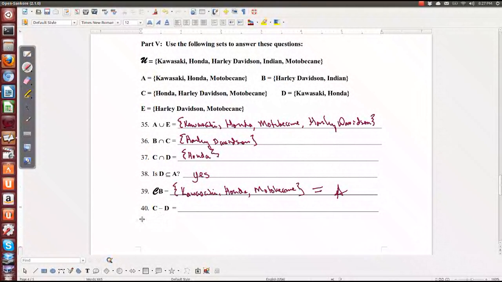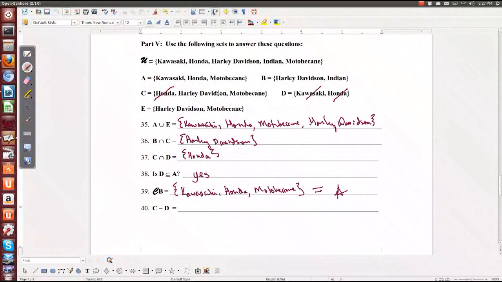It's all the elements that are found in set C that are not in set D. In other words, I want to take set D away from set C. So I want to take Kawasaki out of set C, which isn't a problem because there is no Kawasaki in set C. I also want to take Honda out of set C, and so I need to strike it from it.